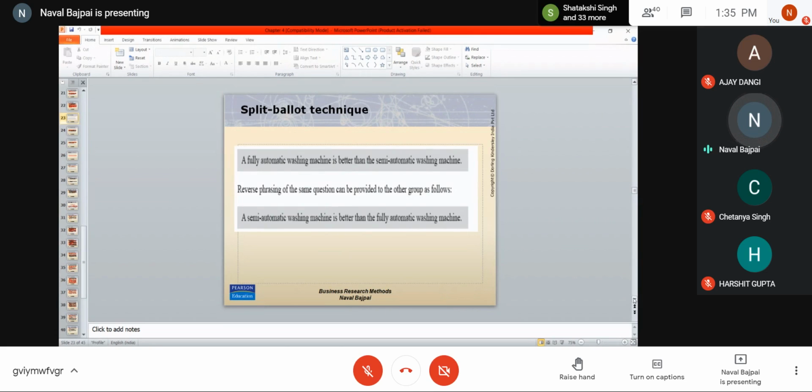If I present the question like this every time, I may get biased responses. So I'll rephrase it, reversing the sequence: a semi-automatic machine versus a fully automatic one. In 50% of the questionnaires this would be the question, and in the other 50% the second way of asking would be used.